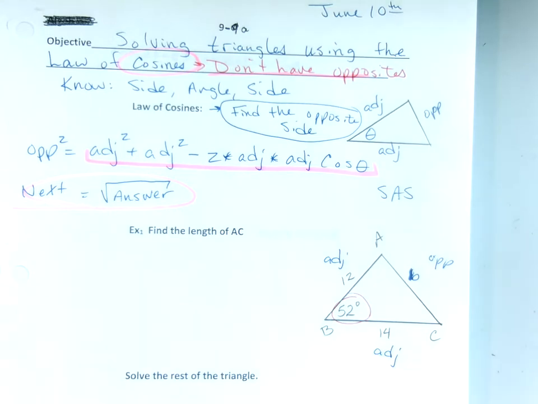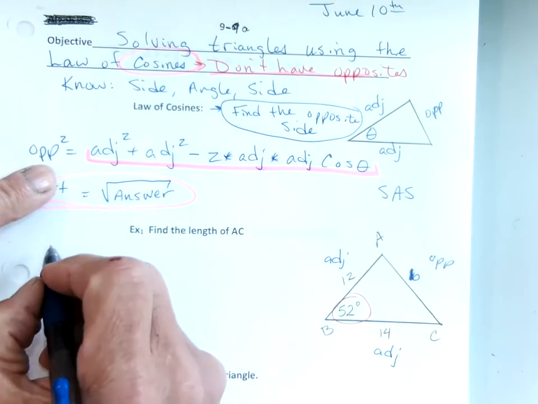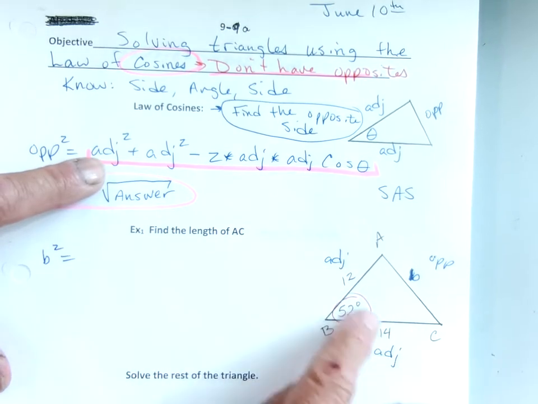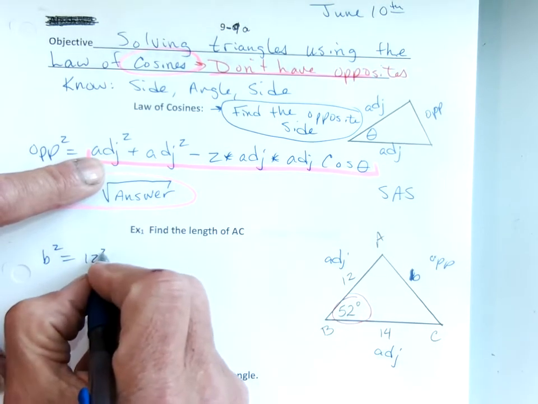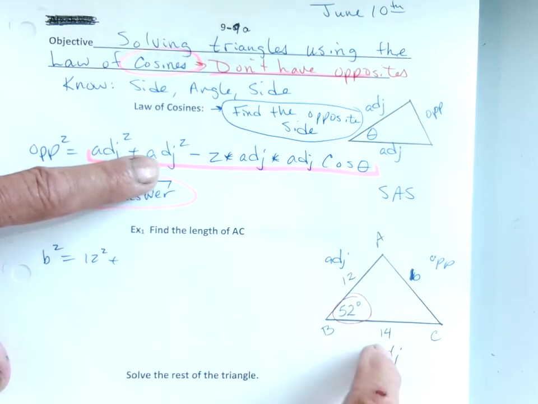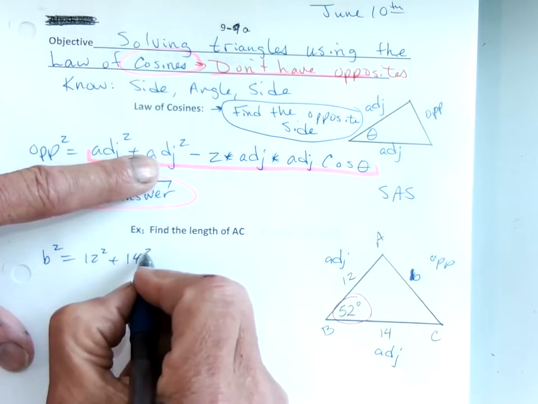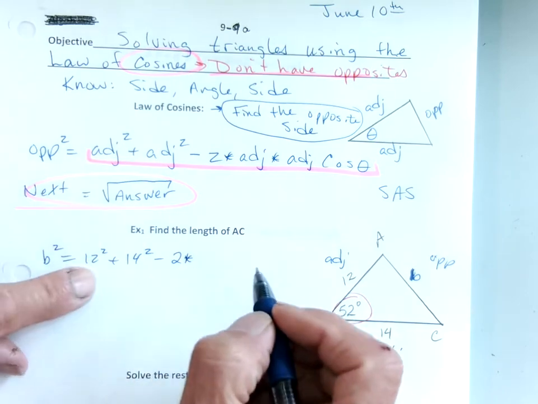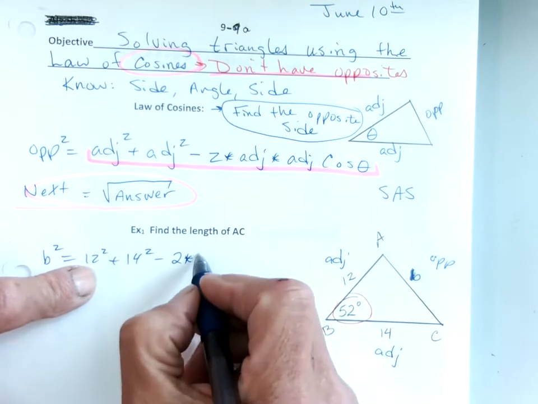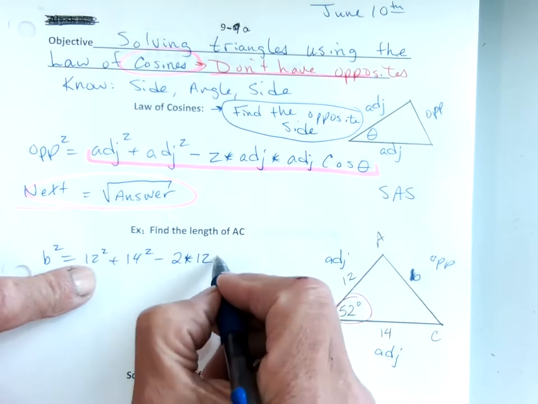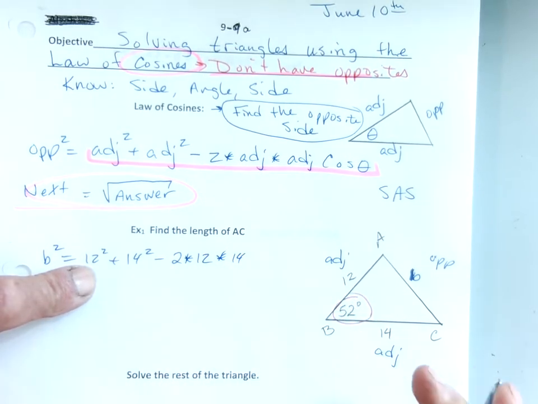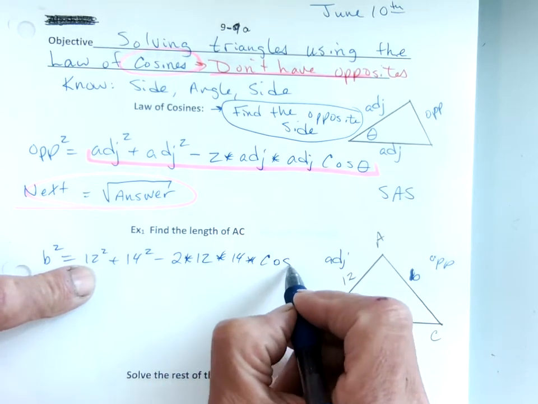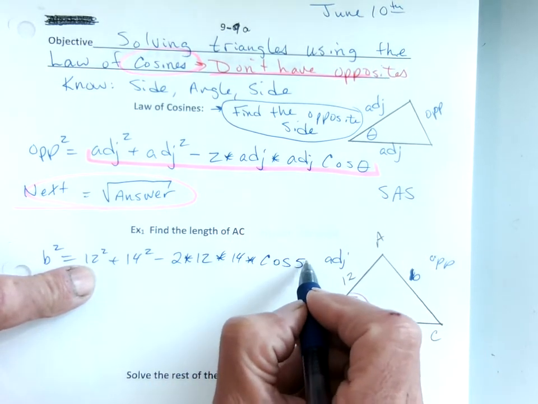So my formula, opposite squared: little b squared equals my adjacent squared, well, either one, how about 12 squared, plus the other adjacent, which is 14 squared, minus 2 times my adjacent, which is 12, times my other adjacent, which is 14, times the cosine of my angle, which is 52 degrees.